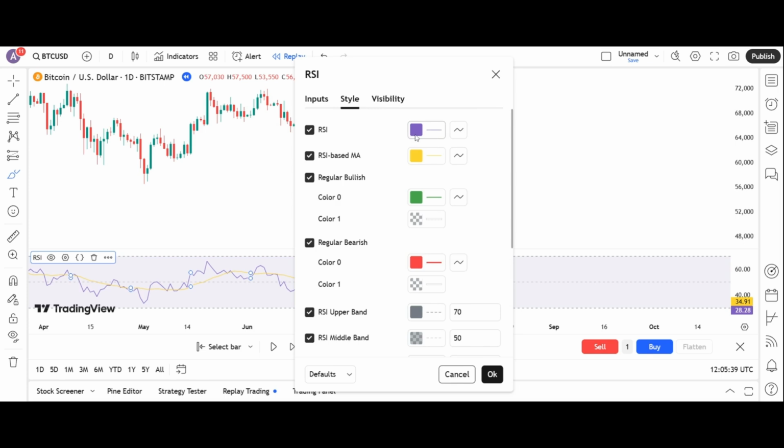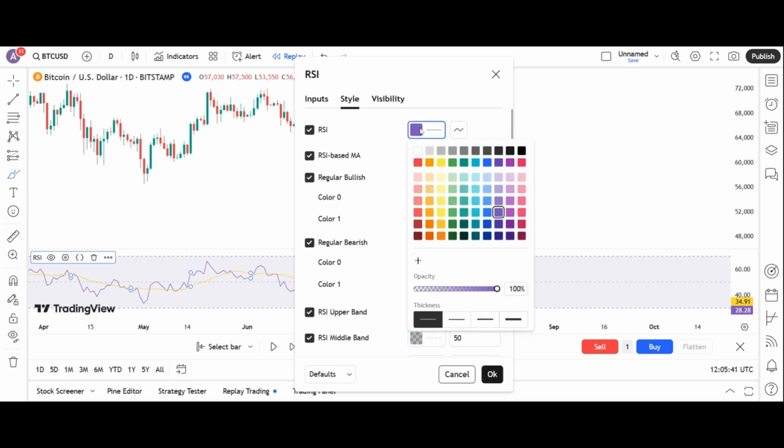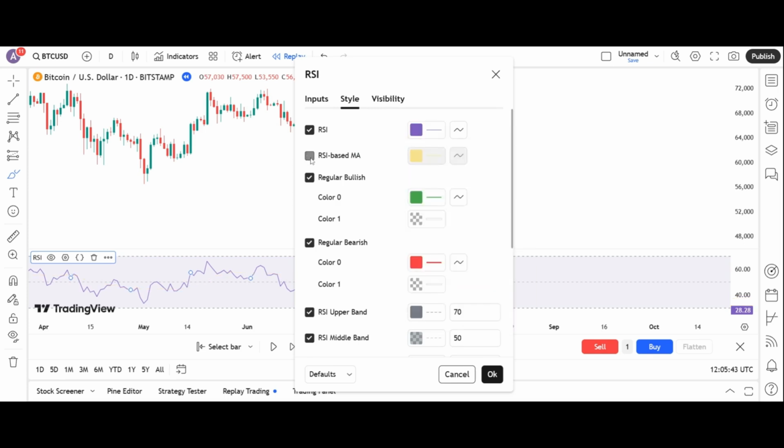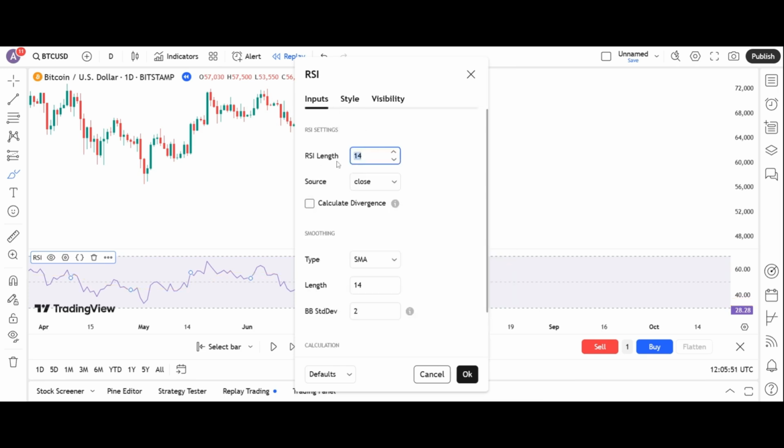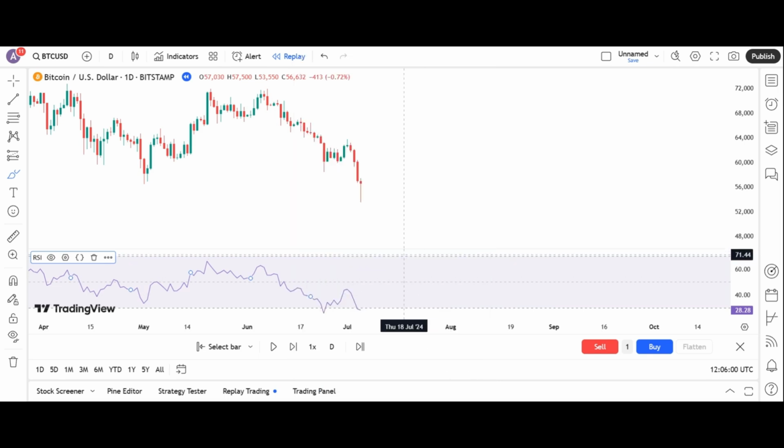For example, you can change the color of RSI indicator, or you can add or eliminate the moving average. You can see that the yellow line is moving average, and also you can change the RSI length, and I recommend that you set the RSI length to 14, and then we'll go for analyze the chart.